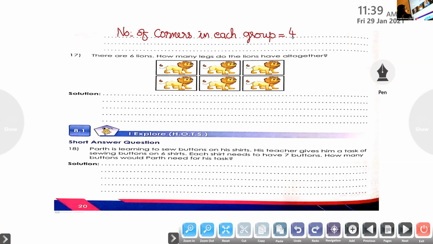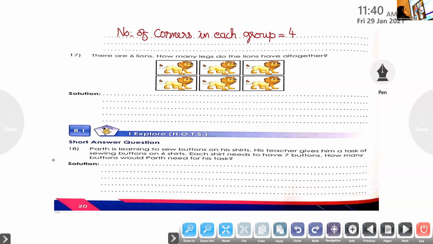How many legs do the lions have altogether?